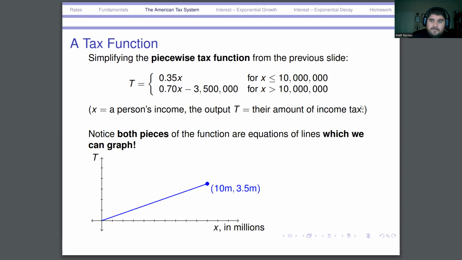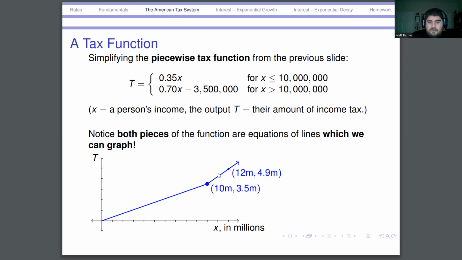And you can graph both of these. The way we graph these is anything before or including 10 million falls under this first case. So we would graph out this line. This is 0.35x, and graph it all the way up here. And then once we hit that 10 million, it changes. So now we're under our new line here, 0.70x minus 3.5 million.